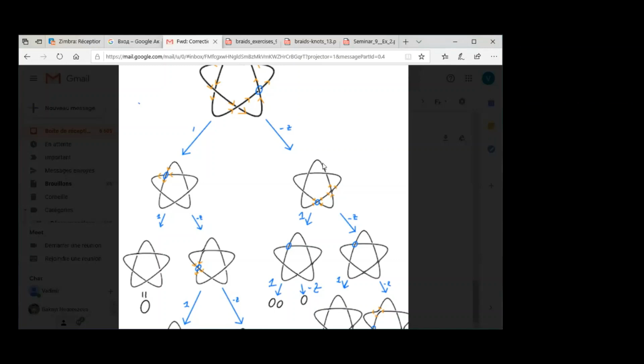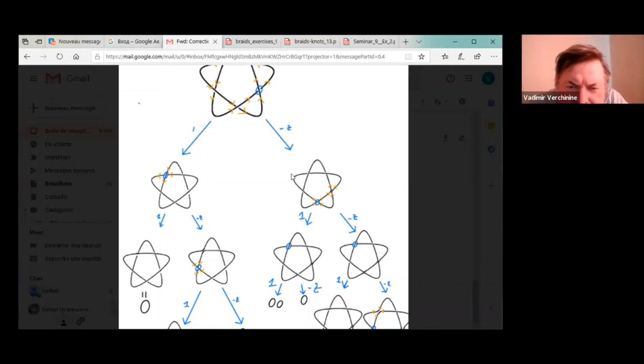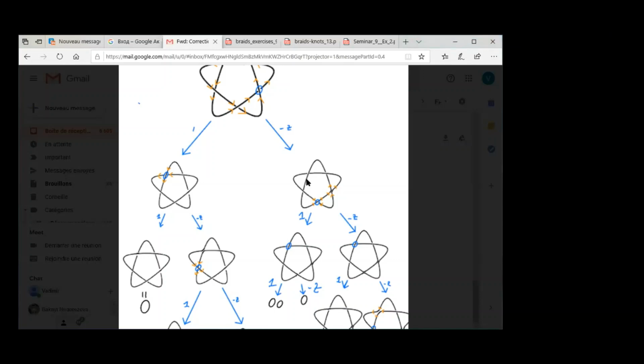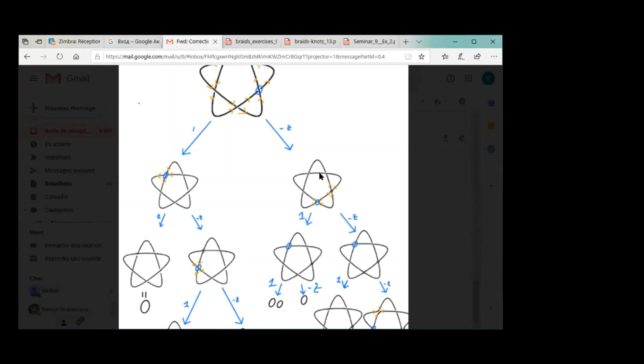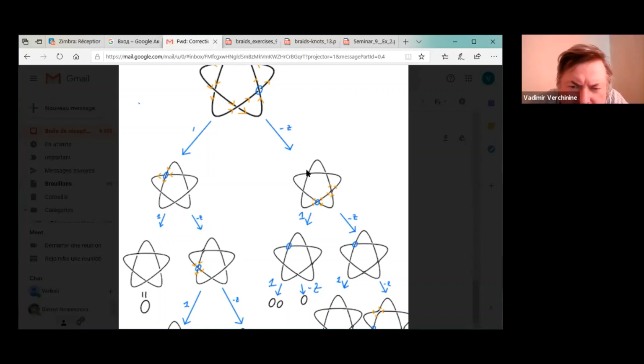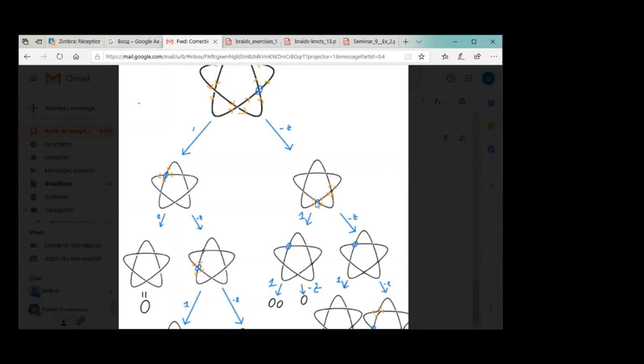So let us consider this way and this way. Here we have class 1. Sorry, so here we have this way and this way. So -1, this direction, -1. So here and here, again -1, then here and here -1.